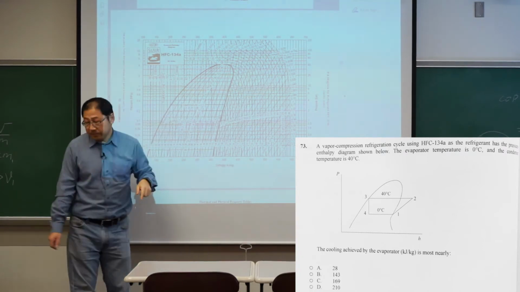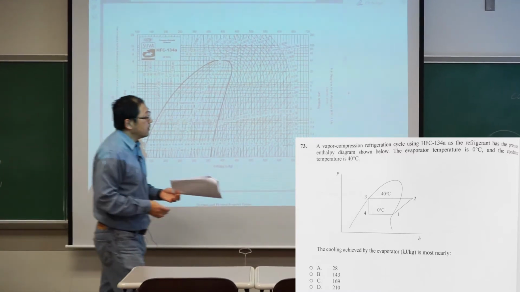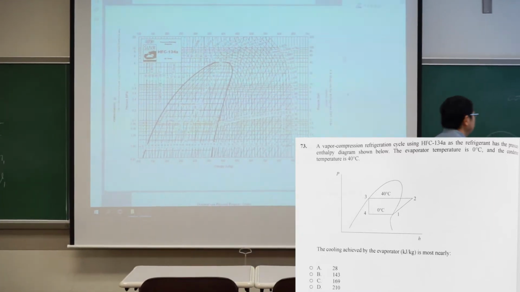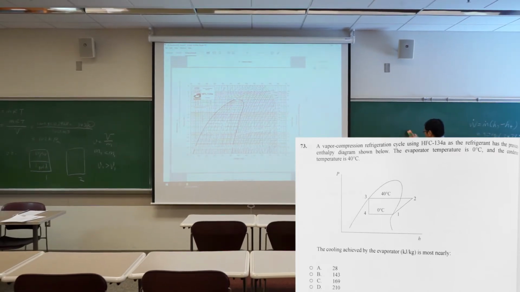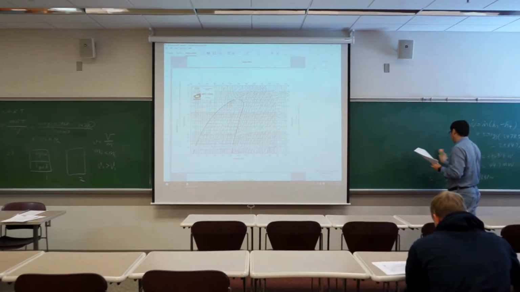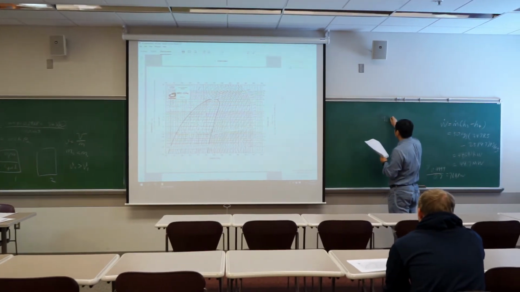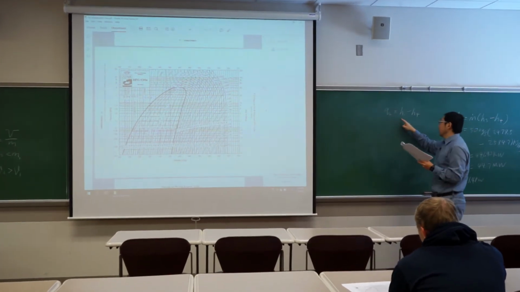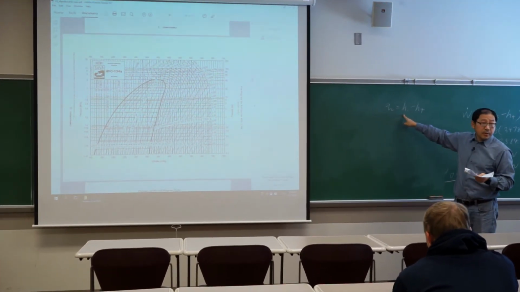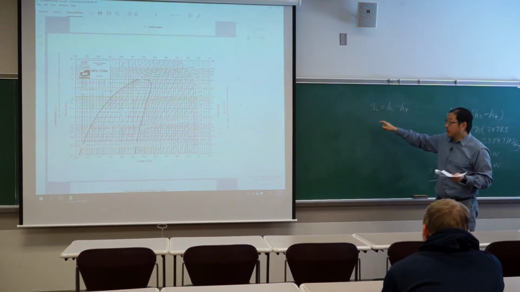So for this case, we need to find out, because it's asking for the cooling capacity, so we are looking at QL, small case QL, which is H1 minus H4, because this is what happened at the evaporator. Inlet is 4, outlet is 1.